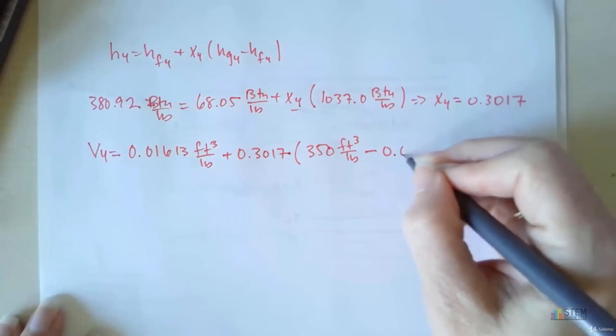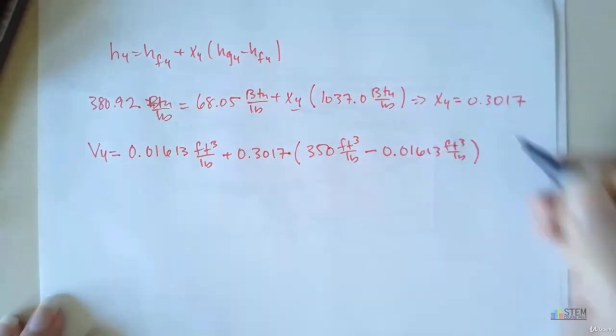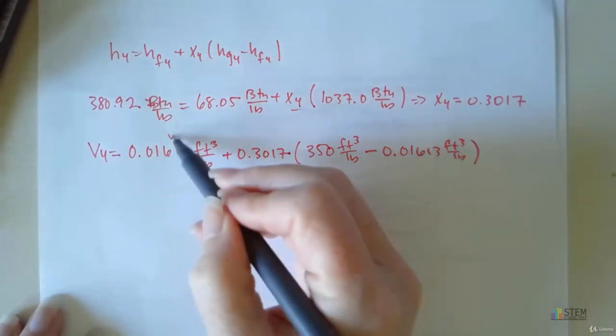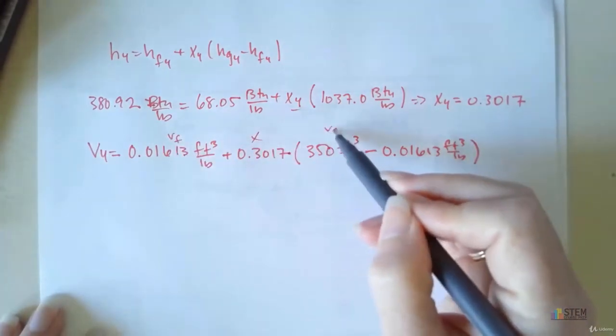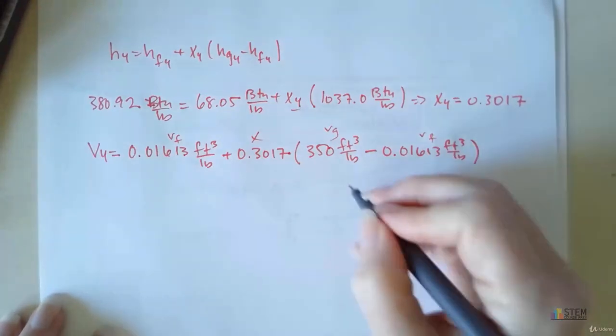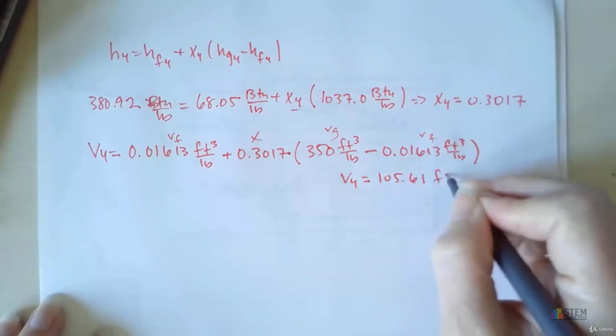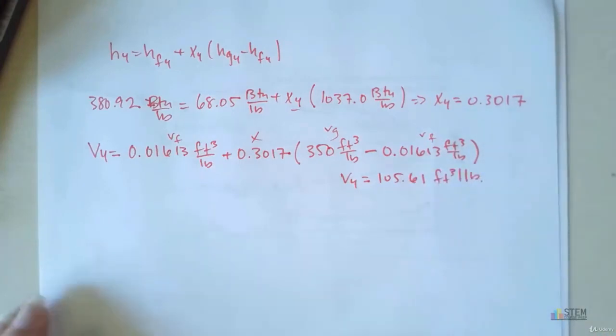So 0.01613 cubic feet per pound. Remember, that's VF, that's X, that's VG, that's VF. Now we get V4, 105.61 cubic feet per pound.